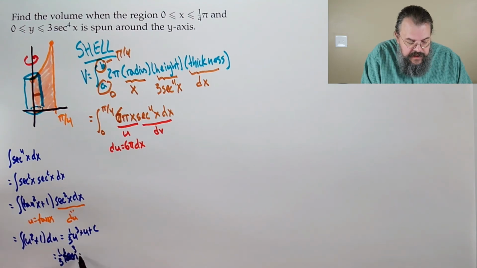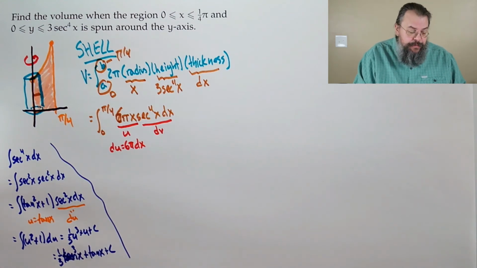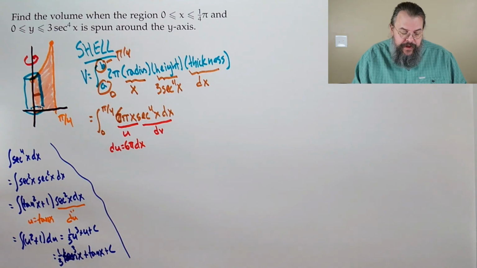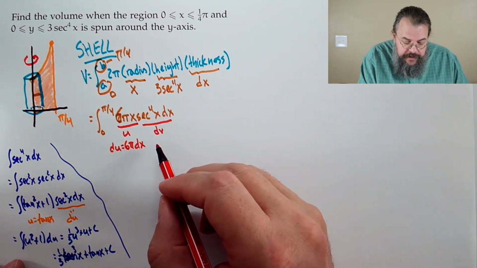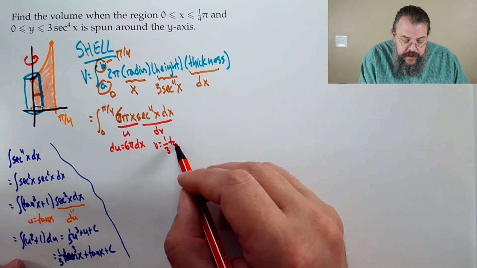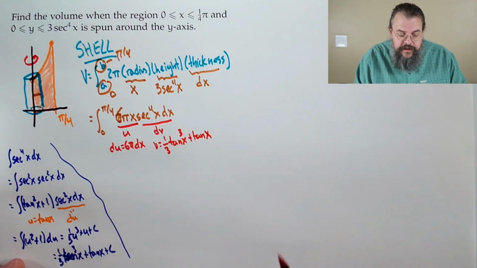Because u equals tangent, that's 1/3 tangent cubed plus tangent. Okay, so there's our side computation. Back to our problem. So, what does v become? Well, v is the following: 1/3 tangent cubed x plus tangent x.